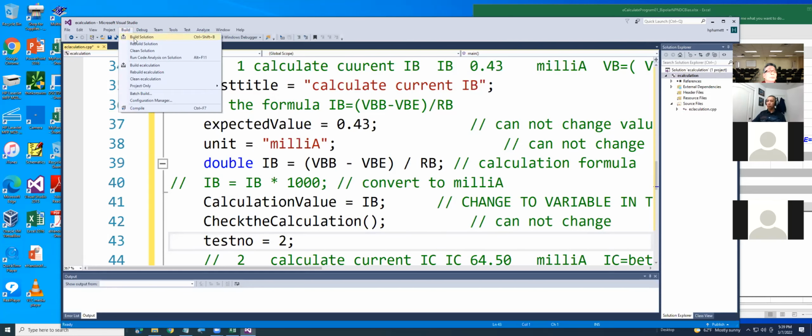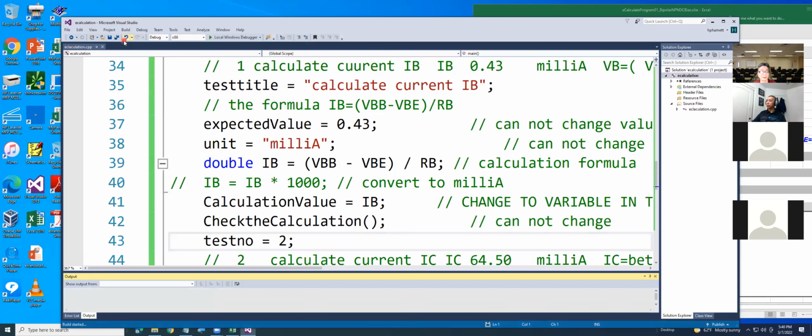Okay, you can build, and it tells you if you get an error or not. Okay, build 1 succeeded. That means no error.